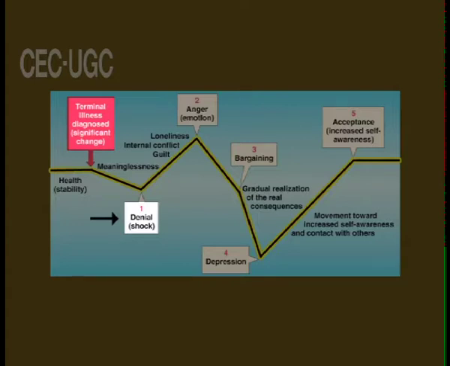There is a decline in their level of functioning, as you can see in this diagrammatic representation. After an initial stage of denial, slowly they start understanding that yes, they have to start accepting it, and they go through the path of guilt, internal conflict and loneliness, and finally have a burst of anger.